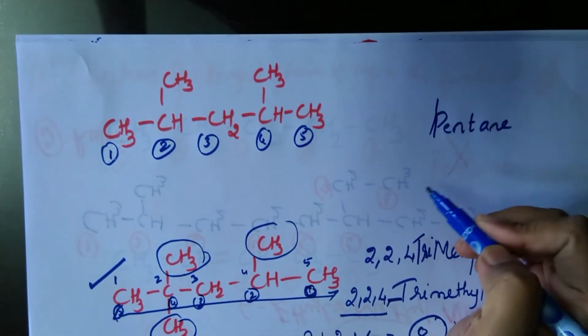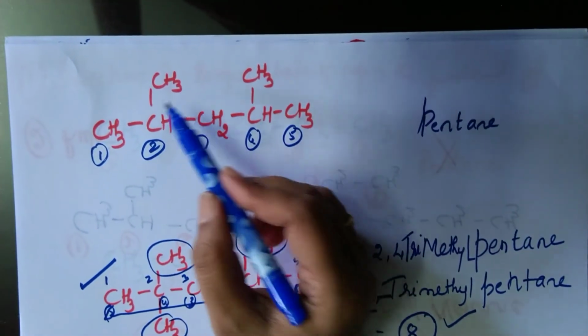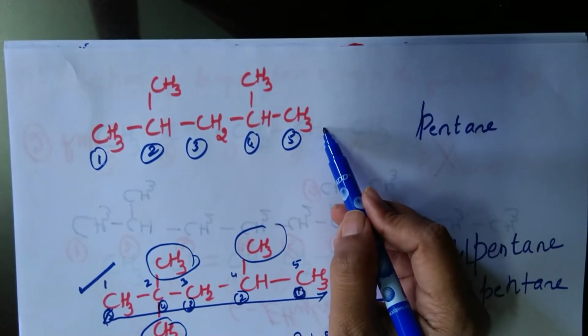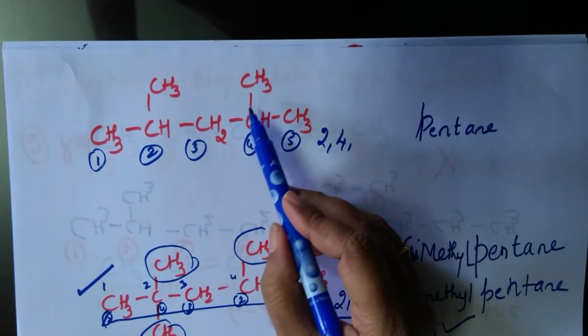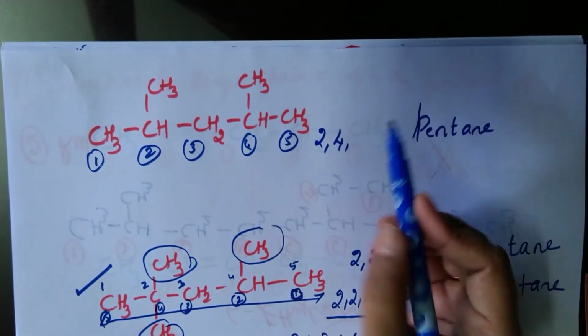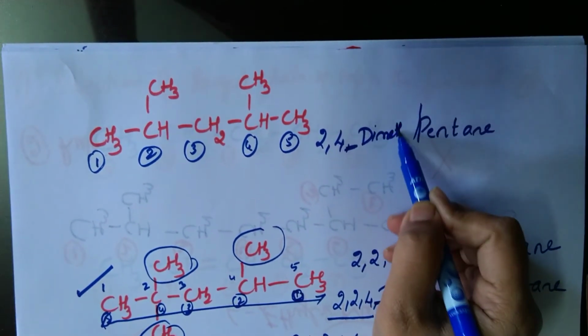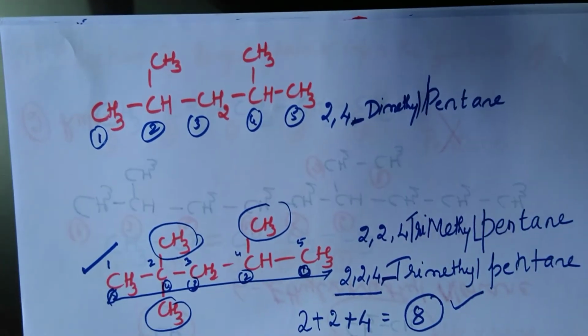I shall write p in small letters because I need to fix these substituents. I have two substituents here. Where are they present? On carbon number 2 and 4. So 2,4. How many methyl groups? 2. Therefore, dimethylpentane is the name of this molecule.